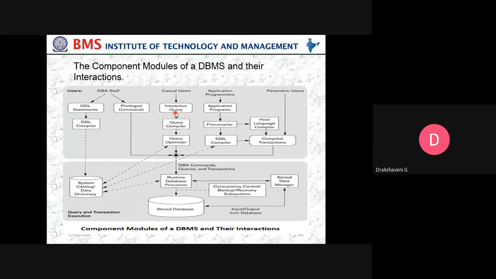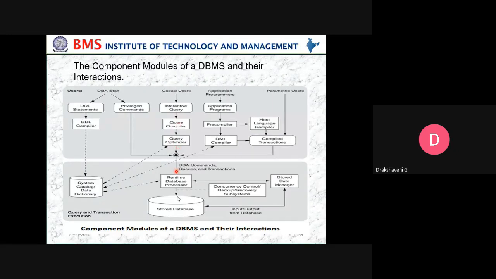In the same way, a casual user, we may not use the database every time, only sometimes. Then we say a casual user, that is an interactive user, with the query compiler and query optimizer. So this is what casual users use: interactive query, query compiler, and query optimizer.